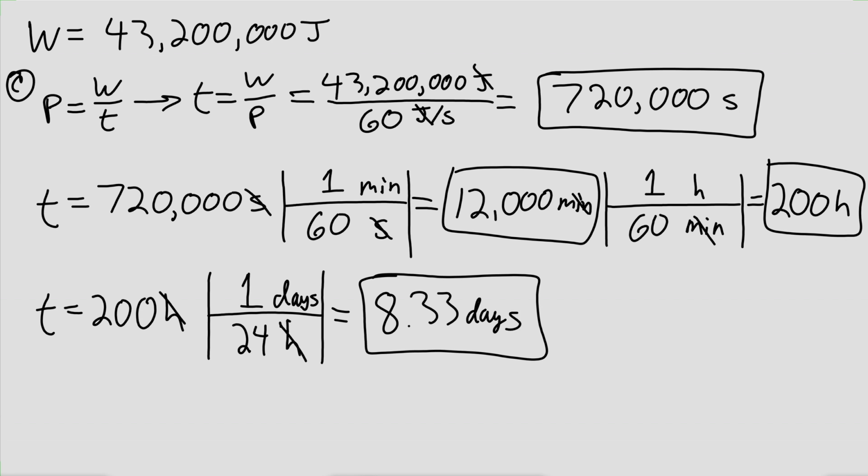So now we've got one more part of this to do. Part D. We've got to figure out how long this amount of energy could power a 10-watt light bulb. So really the same thing. We're doing this just for practice. We know, again, that the amount of work that we did was 43,200,000 joules.